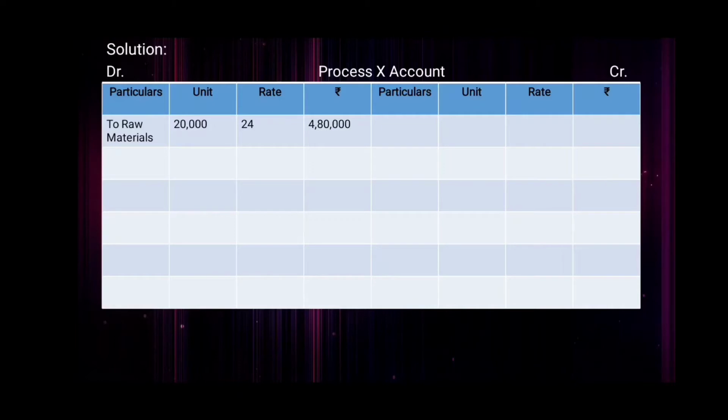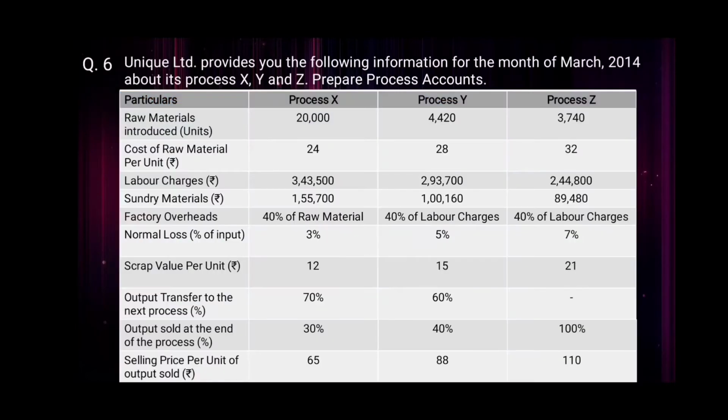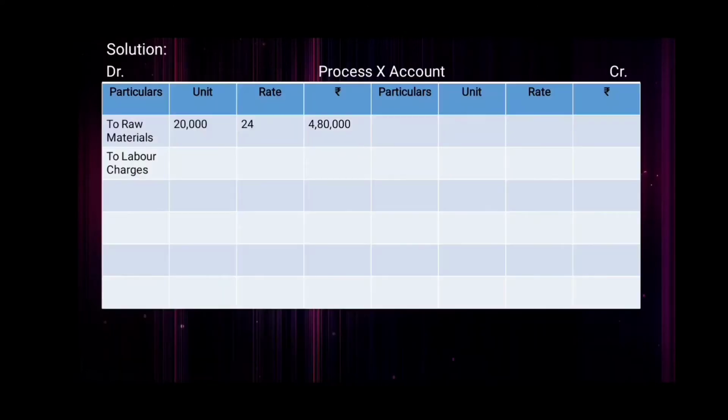So the total amount will be 4,80,000. Next, labor charges is given as 3,43,500 for process X. To labor charges 3,43,500.